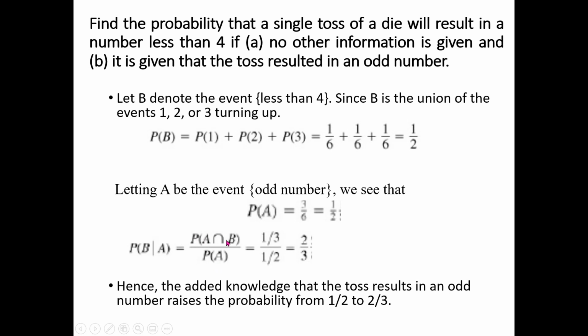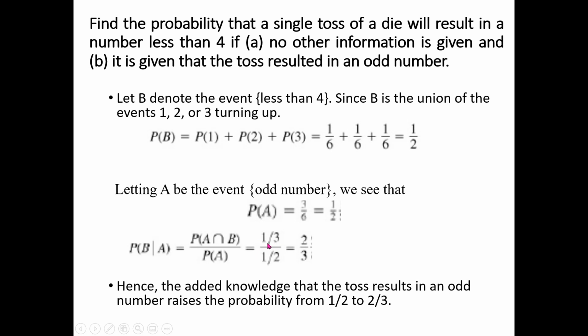What does intersection mean? If I take the intersection of all numbers which are less than 4 and all numbers which are odd, the odd numbers from here are 1 and 3. So there are 2 such numbers which are odd and less than 4. So 2 by 6, or 1 by 3 in its lowest form.